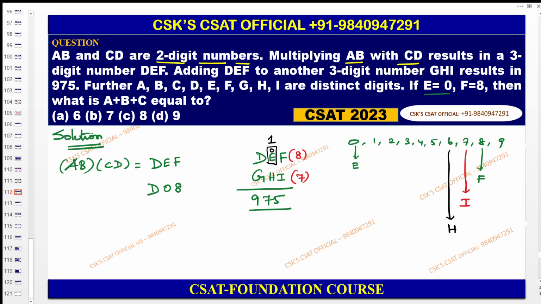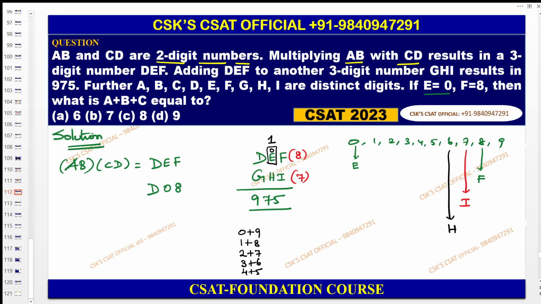So now D and G, there is no carry here. So D and G, the summation has to give 9. Now what are the possibilities which give you 9? 0 plus 9 is possible, 1 plus 8 is possible, 2 plus 7 is possible, 3 plus 6 is possible, 4 plus 5 is possible.